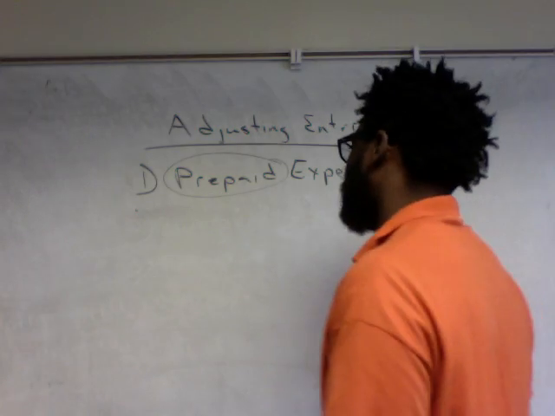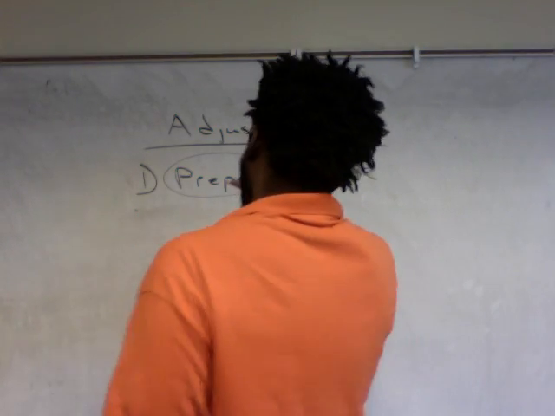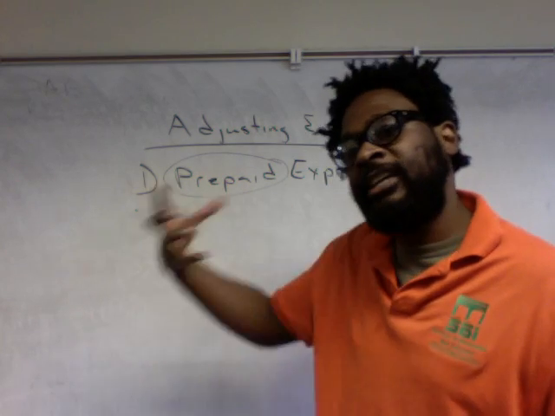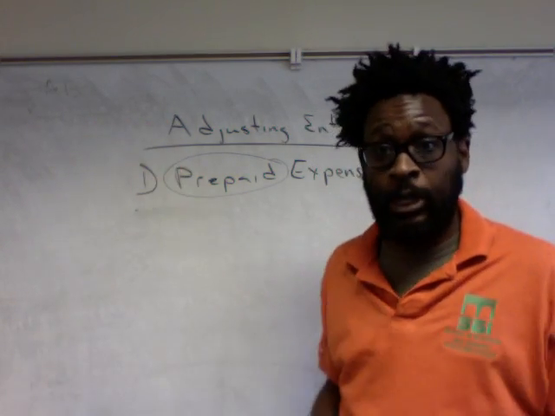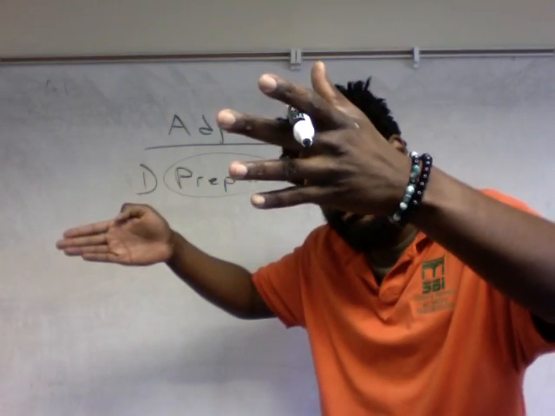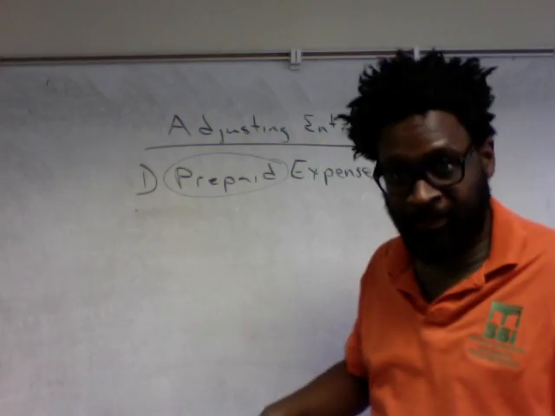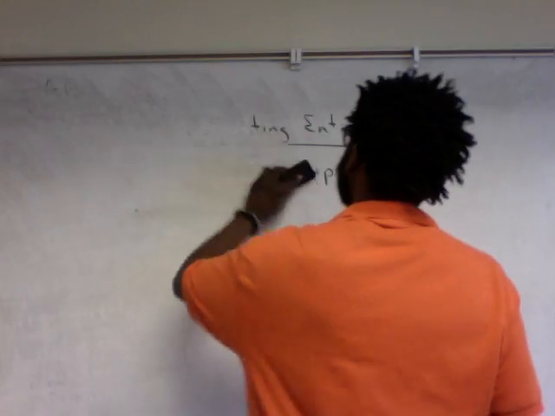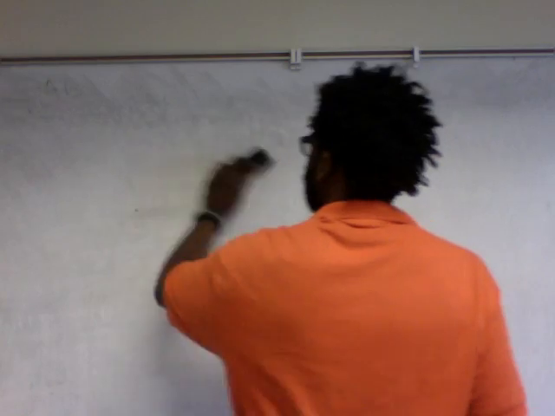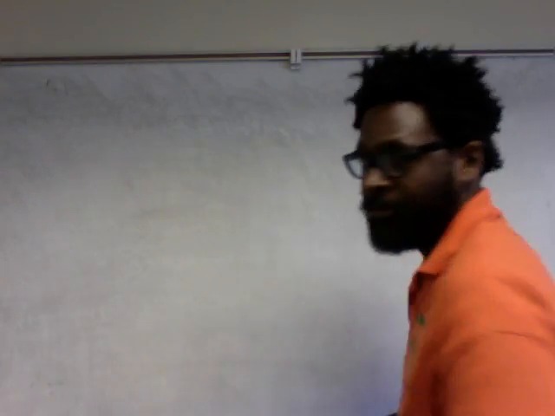Okay? In order for us to understand the adjusting entry, we have to first analyze the initial entry. We have to have an initial entry in order to adjust from it with this particular example. The easiest way to look at this is to perform an example.